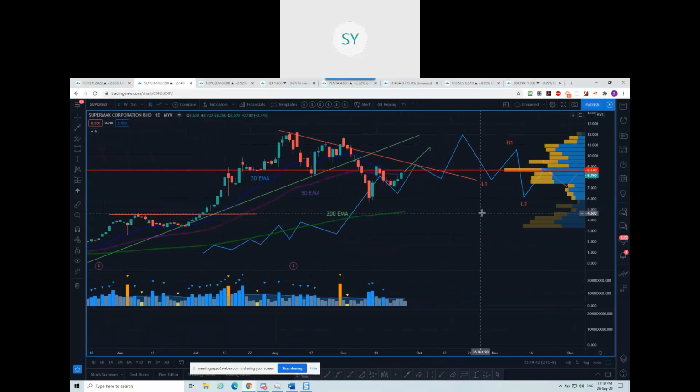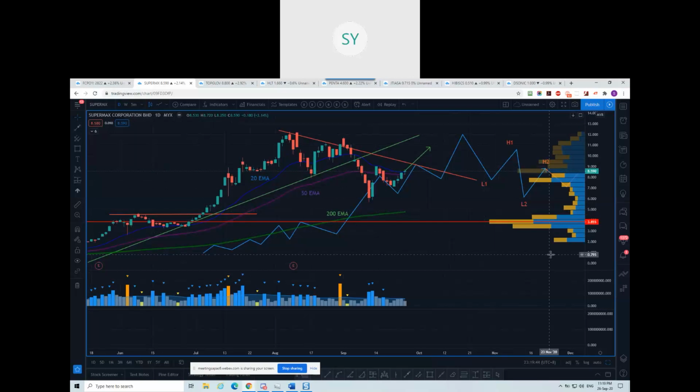This rally, the second highest volume is here, around this region. This is the highest volume exchanged.